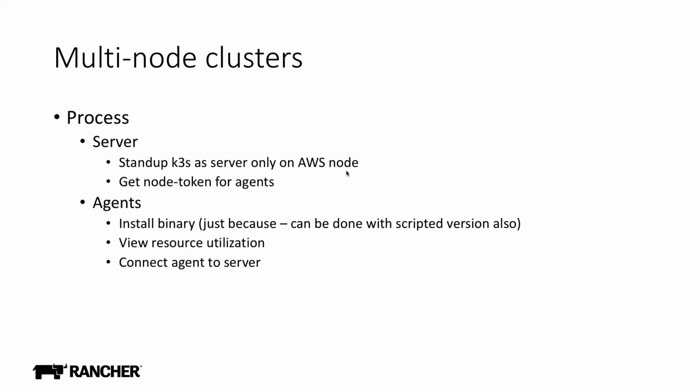The way I installed it the first time, it was actually a single node cluster. It had the server and the agent all in one. I'm going to install it this time as just the server. We'll add another parameter to the command line, and then we'll install a couple of agents, and then we'll have a multi-node K3s cluster.